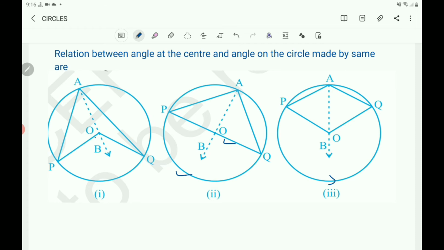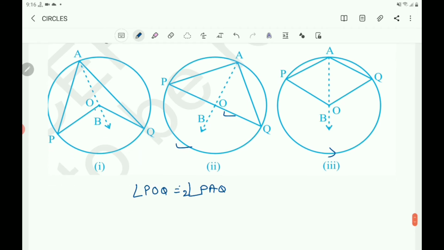Then what you can get here is that angle POQ equals twice angle PAQ. So you can conclude that the angle subtended by an arc at the center is double the angle subtended by it at any point on the remaining part of the circle.